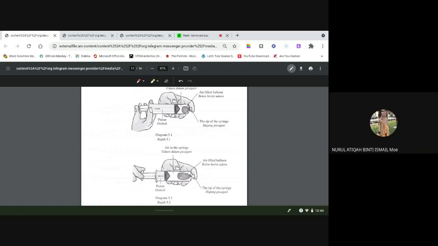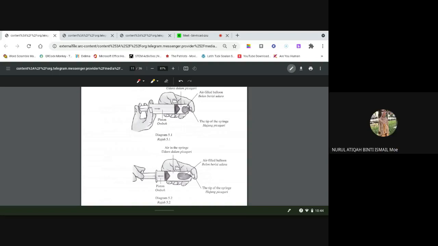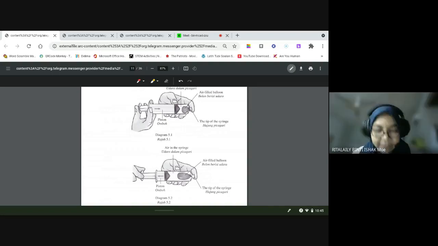No. So kalau no, apa jawapan dia? Same. Okay. The mass is the same. Kenapa the same? Jawapan the same, yes. The mass 5.1 is equal to 5.2.